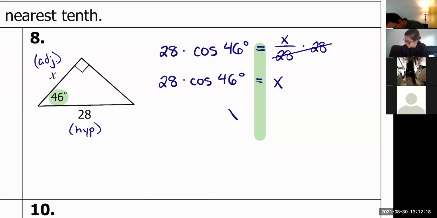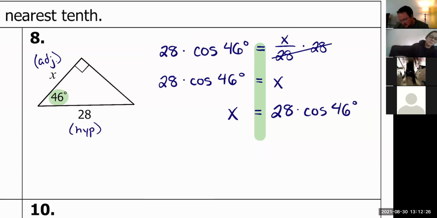But for my purpose, I'm going to flip it around and put x first. So x equals 28 times the cosine of 46 degrees, which I happen to know my calculator can take over here, so long as I enter it in exactly as I see it. So 28 times the cosine of 46.